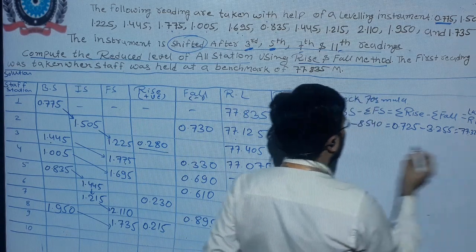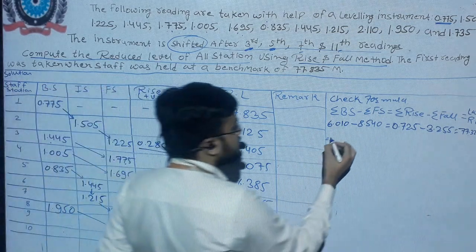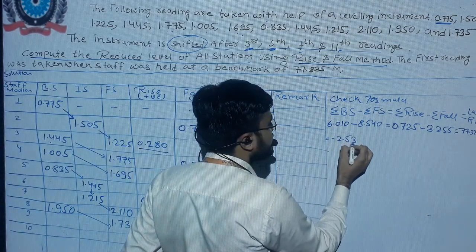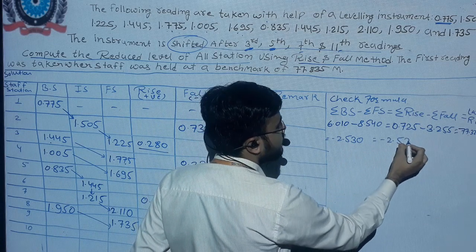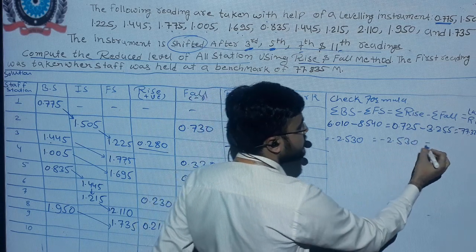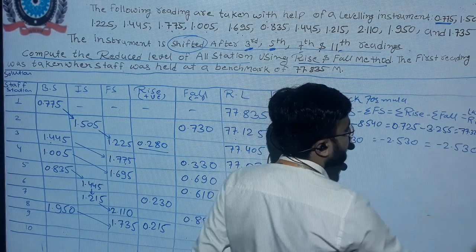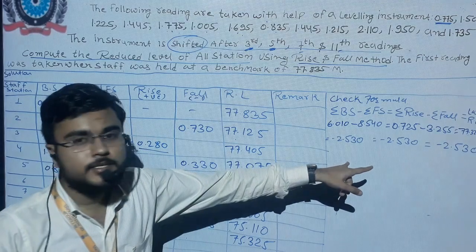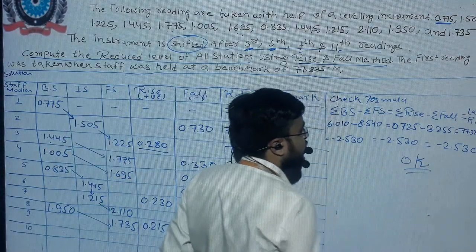The first difference is minus 2.530, equal to, again this difference is the same, no change of signs and values. Okay, if the differences are equal, then our calculation is okay.